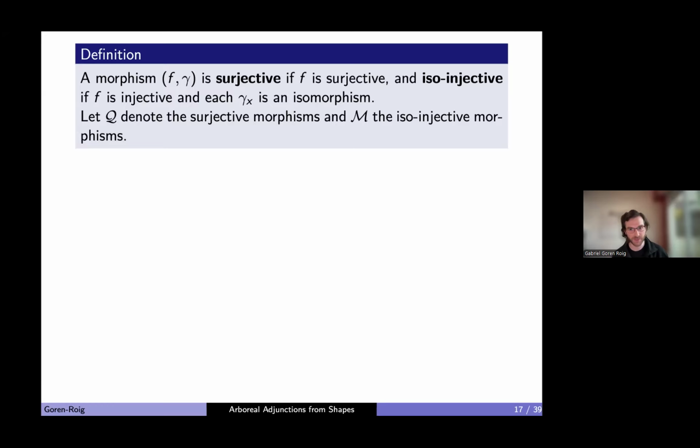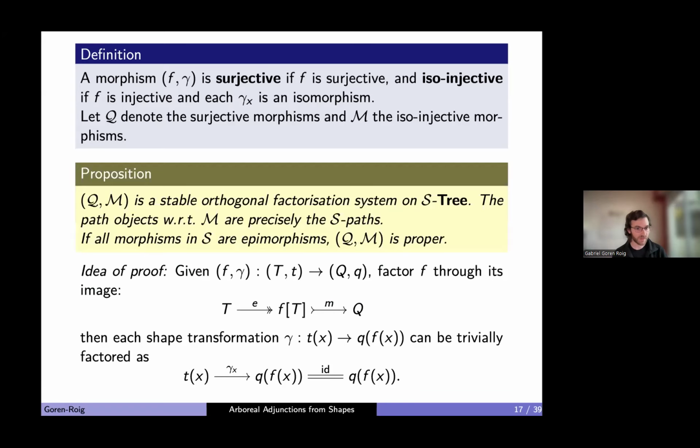So that's what iso-injective means. And then we're going to say that the quotients are the surjective and the embeddings are the iso-injective morphisms. And this works. So this gives a stable orthogonal factorization system. The path objects, you have to ask what those are, and they are what they should be. They are the S paths, so the S trees where the underlying tree is linear. And then there is something else.